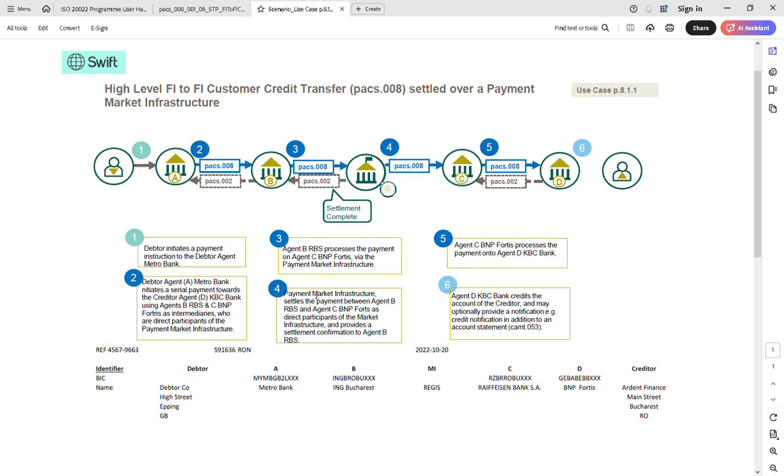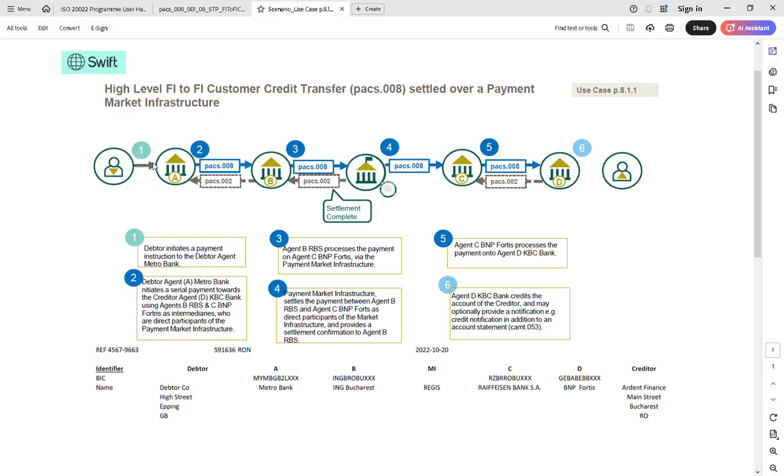Okay, next, now process the payment between B and C over the payment market infrastructure here. Let's see which method they are using next. It must be clearing here, but let's see, B to C. If you notice here, this is introduced as high value payment system, HVPS.